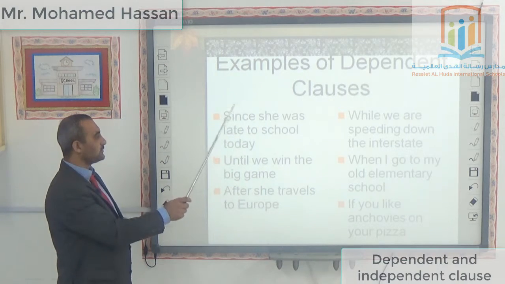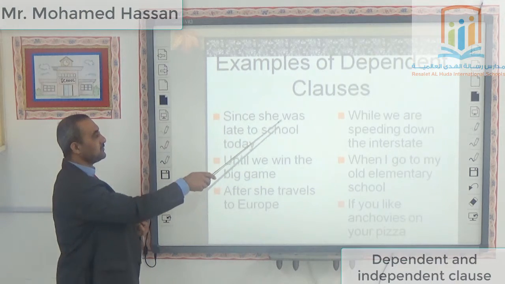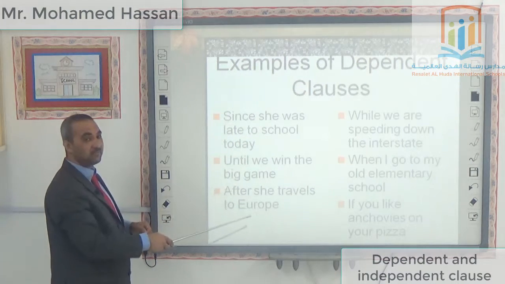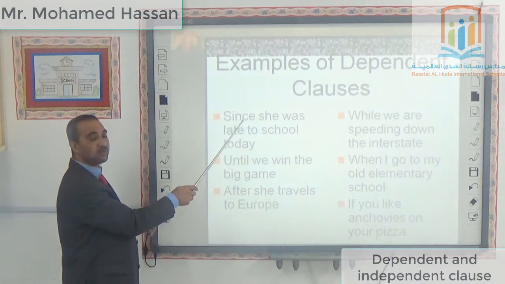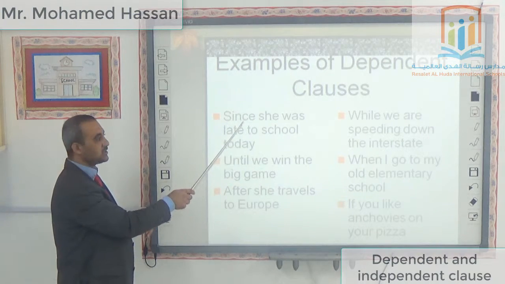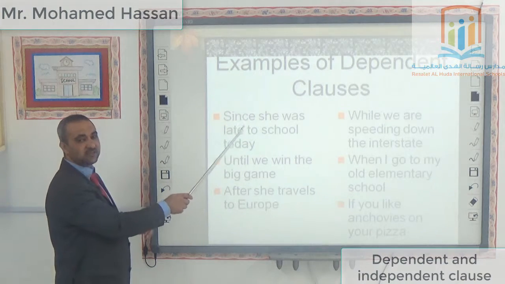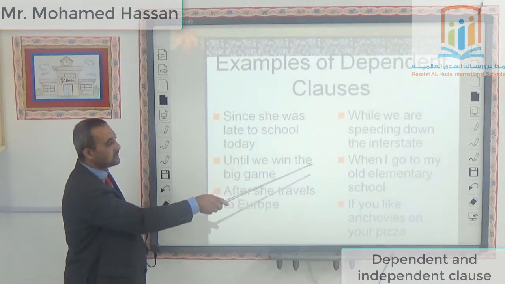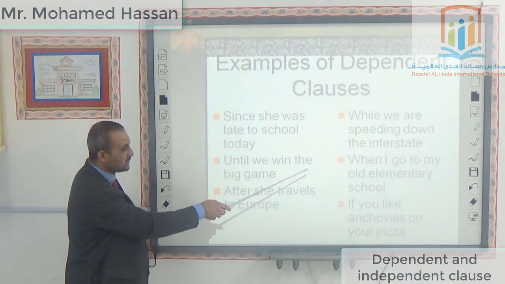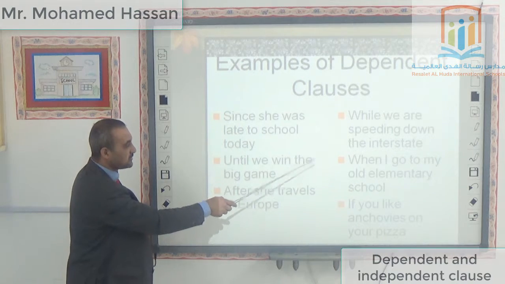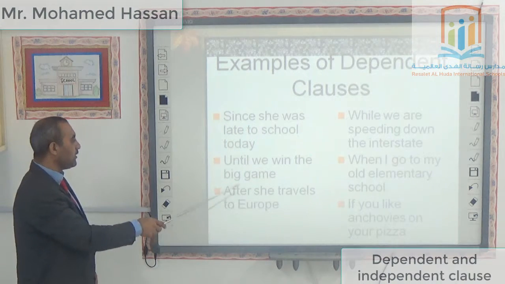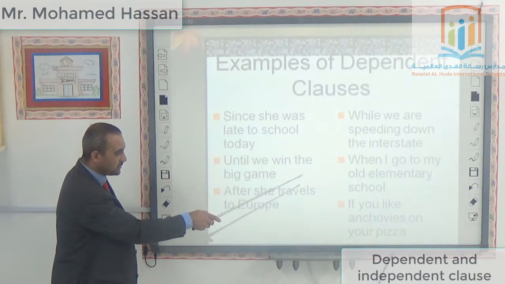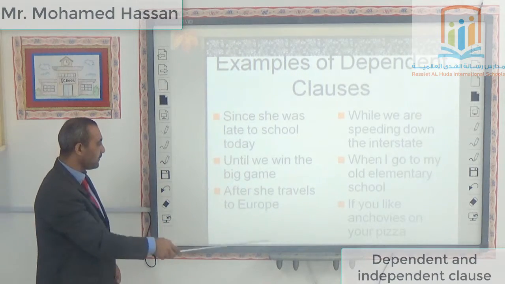Look at these examples of dependent clauses. Since she was late to school today. It starts with the word "since," a subordinating conjunction, okay? It doesn't give you a complete meaning, it needs help. While we were speeding down the interstate. Until we win the big game. When I go to my old elementary school.